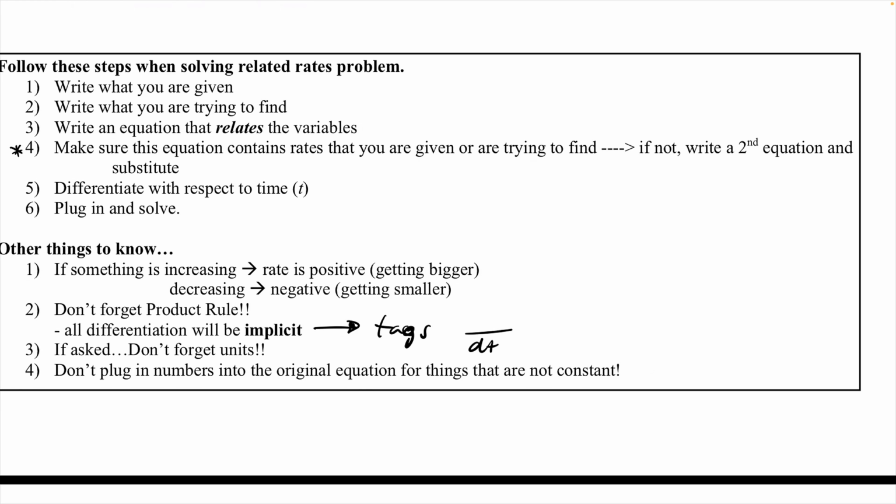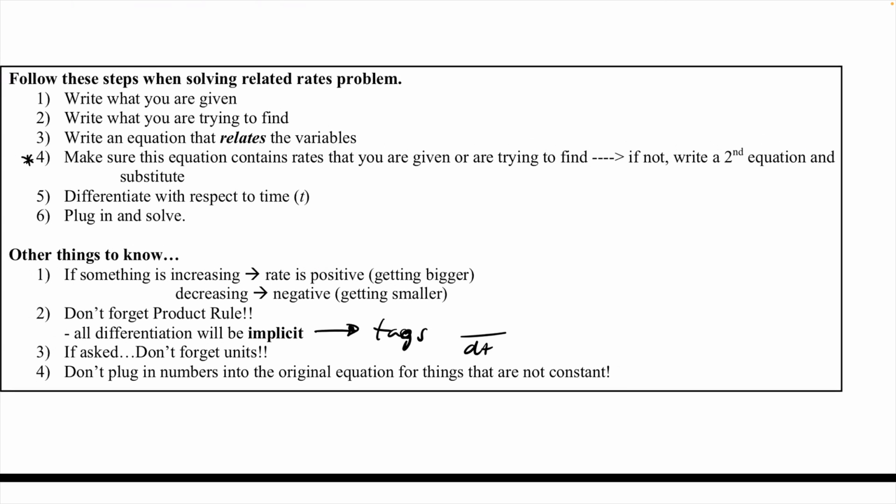If something is constant, what is its rate? Zero, right? Because it doesn't change. That's what that means. Don't plug in numbers to the original equation for things that are not constant. It's bad wording, but that's what that means. Rarely do we use that one, but we will.